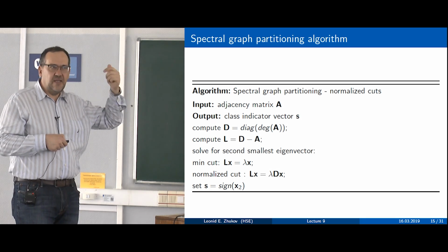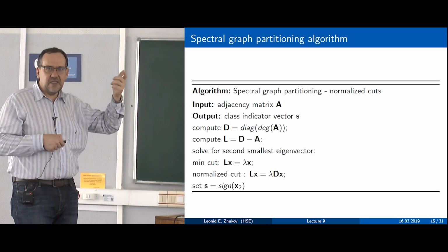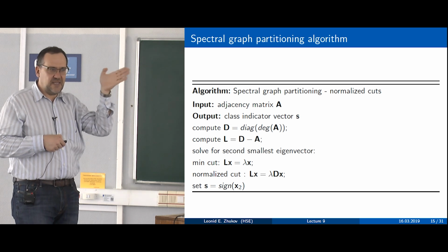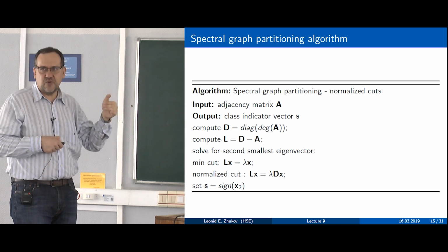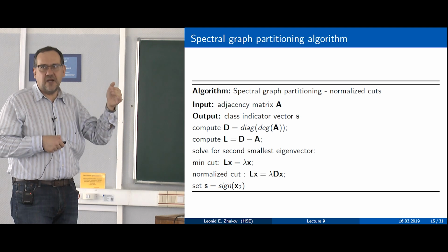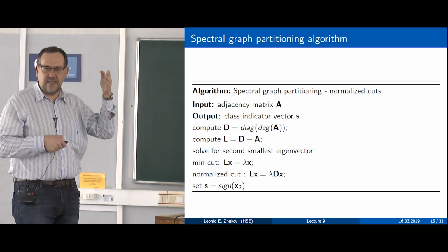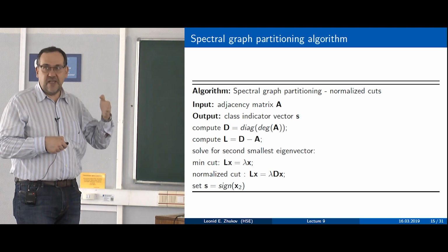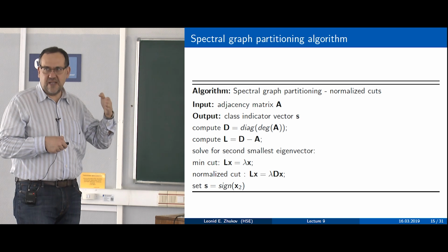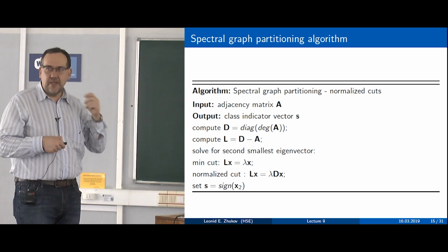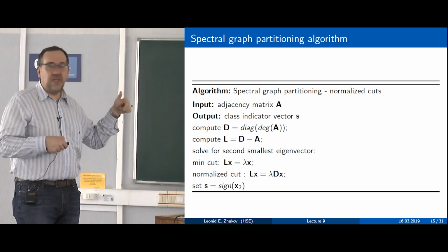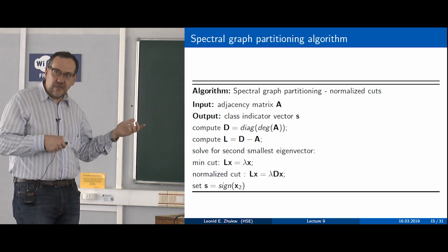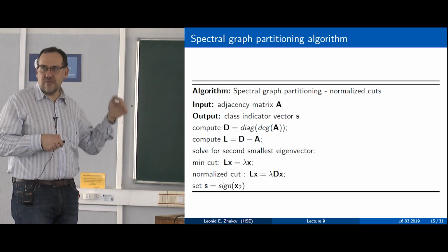We realize that to solve this label assignment, it's still an integer programming problem, and that's NP-hard, so we cannot do it. So instead we relax it. We convert it into an eigenvalue problem. Then we find the second smallest eigenvector, corresponding to the second smallest eigenvalue. And then we round its values to become plus or minus ones, and we use that as the labels of our partitioning.